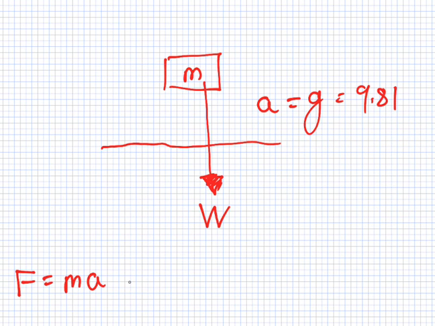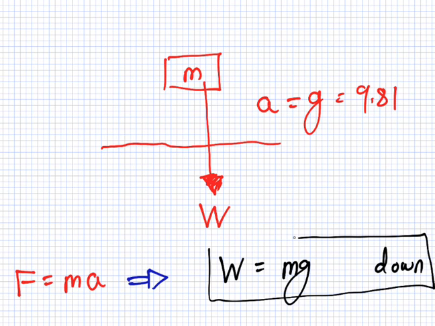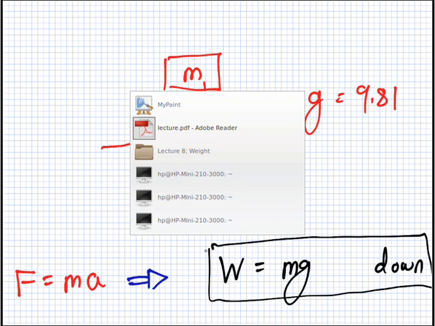So this means that the weight is equal to mg, and it's going down. So that's all I wanted to show you. The formula for weight is mg. And in fact, you really used that in the last lesson.